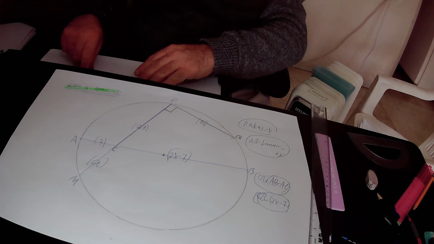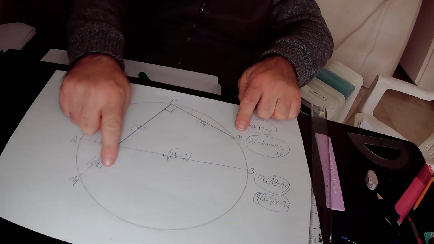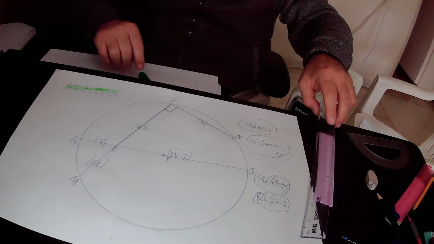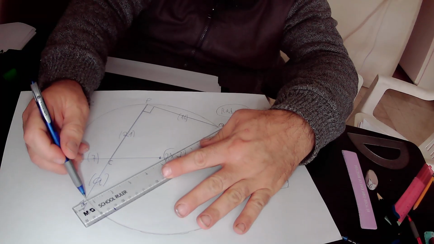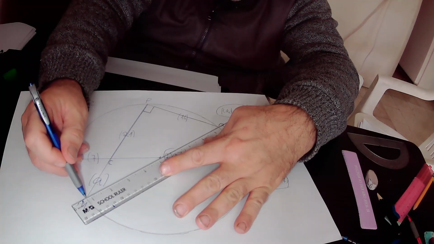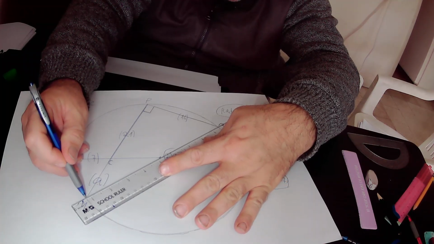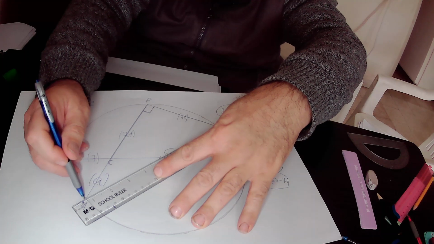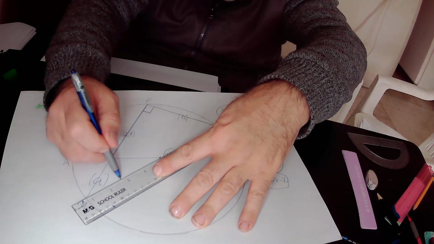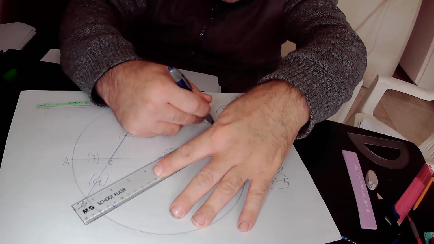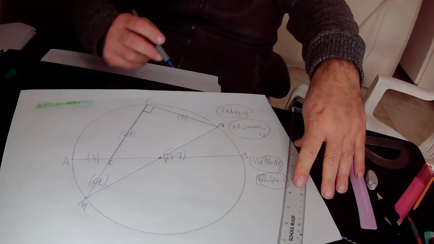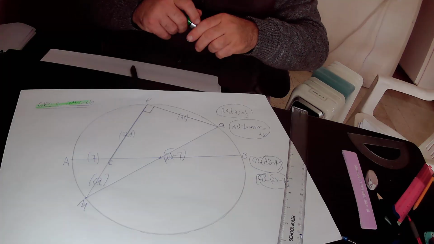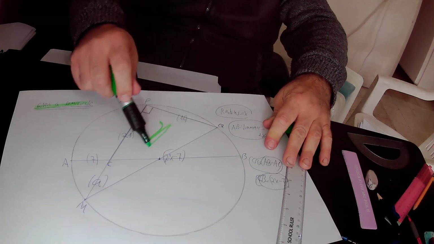In the next step, we will join points Q and M together by a straight line. By joining points Q and M, we get the green right triangle PQM.